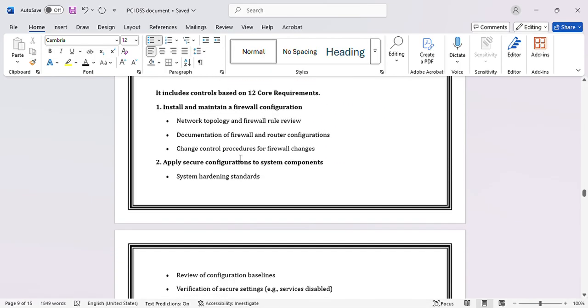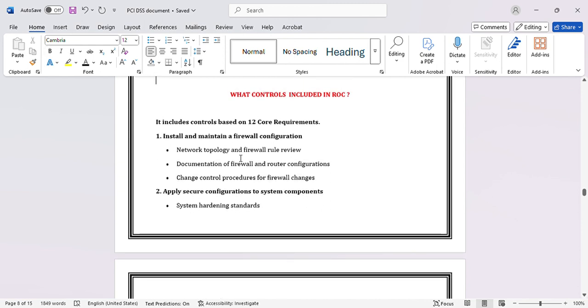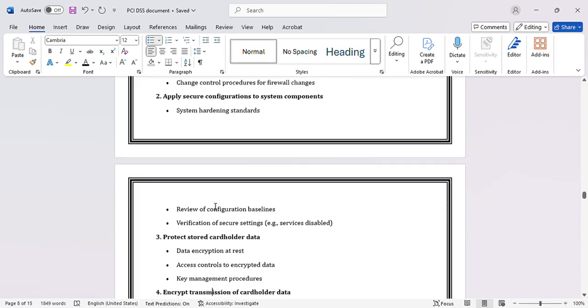What controls are included in ROC? As we know, there are 12 mandatory requirements under PCI, where number one is to install and maintain a network firewall. The second is to apply secure configuration to system components.